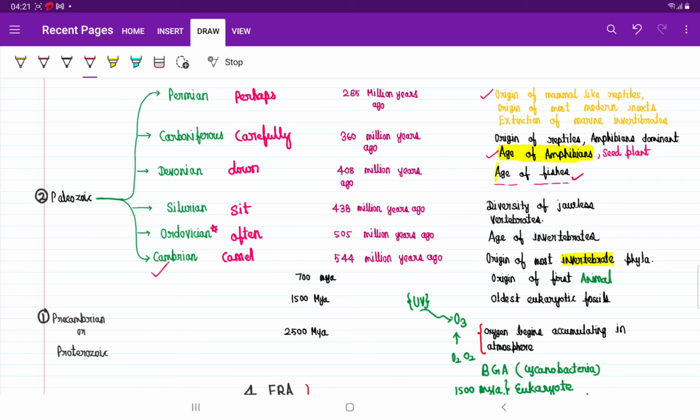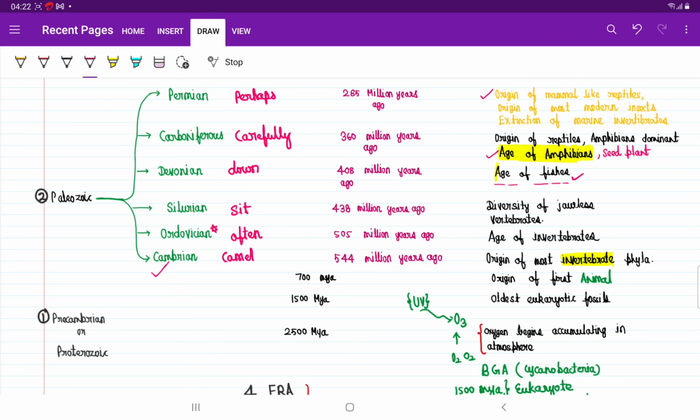In the Paleozoic era, invertebrate animals originated, right? Vascular plants originated. Then our earth saw the dominance of fishes, then the dominance of amphibians. And finally seeded plants originated.